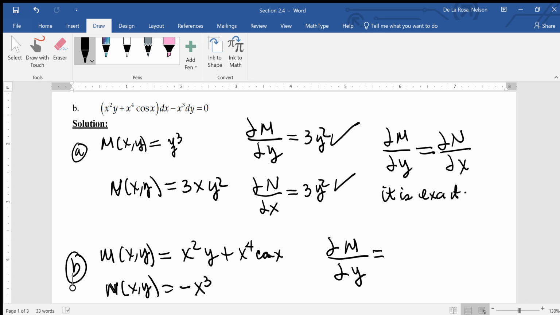So computing the partial derivative of M with respect to y, that would be x to the second, and just that, because the other term is going to act as a constant.